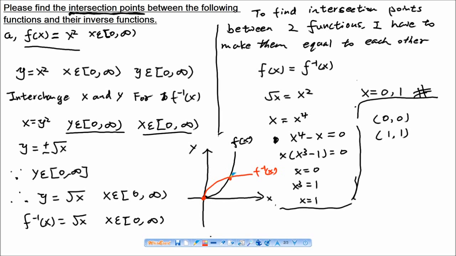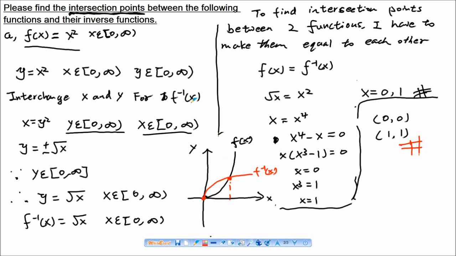I have two intersection points there, which are 0, 0 and 1, 1. The important thing about finding the intersection points between any graphs is there may be more than one answer. The two graphs may be intersecting each other more than once, so keep that in mind. In this case, we have two answers.